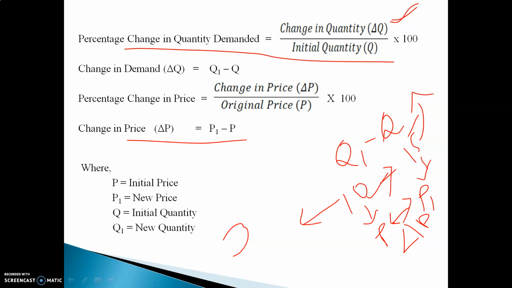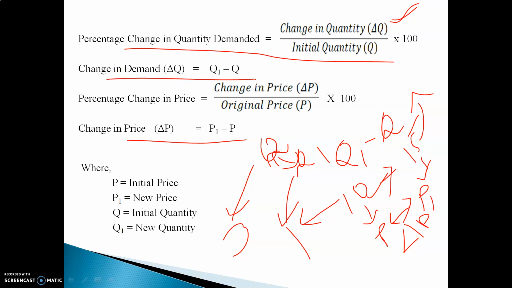So now suppose you are consuming only 1 unit. The initial quantity is denoted by Q, and the quantity after the price change is known as Q1, and the difference between Q1 and Q is represented as delta Q, which is the change in demand.